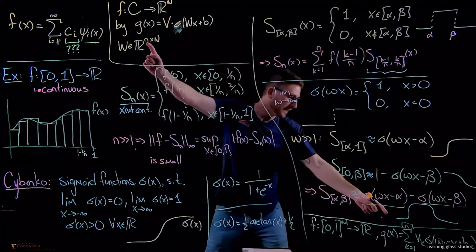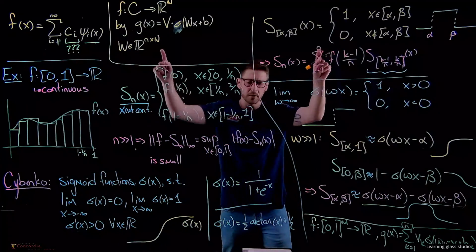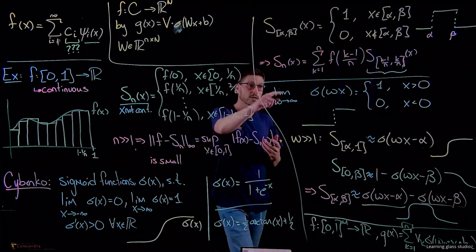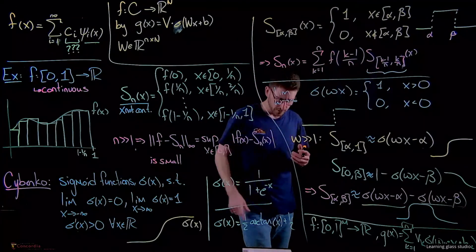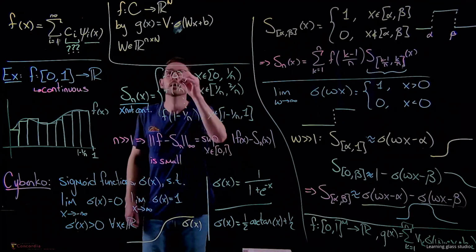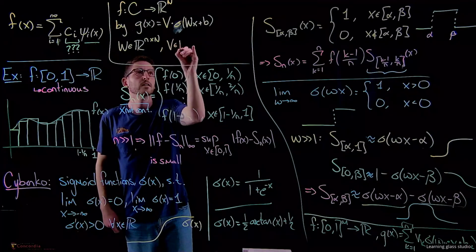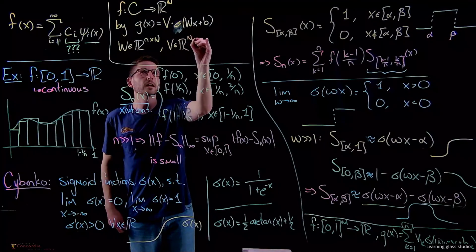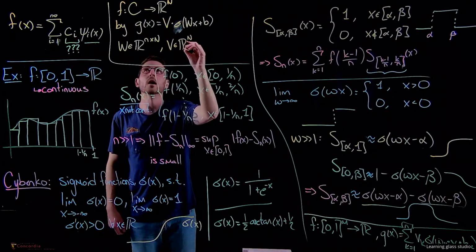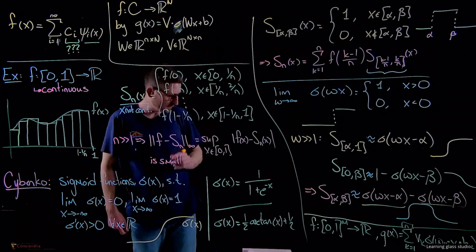Little n, like I said down here, or as you can see in this sum, is the degree of approximation. The bigger little n is, the better the approximation. I'll come back to that. V is in capital N by little n space.